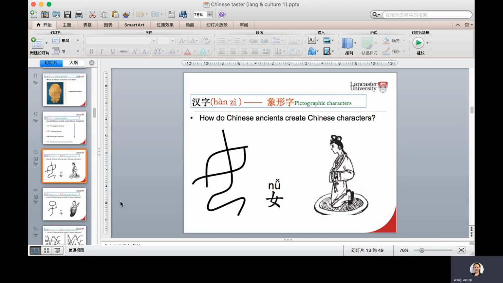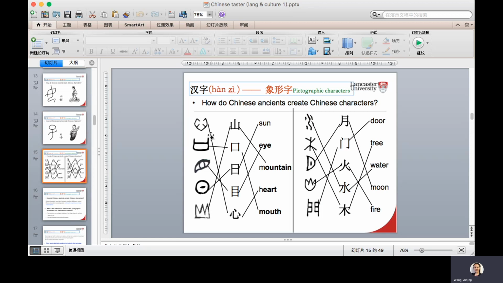So some Chinese characters can be traced back to the 13th century BC. You can tell what the Chinese character looked like just by the image of it and guess the meaning. For example, let's have a look at this slide.